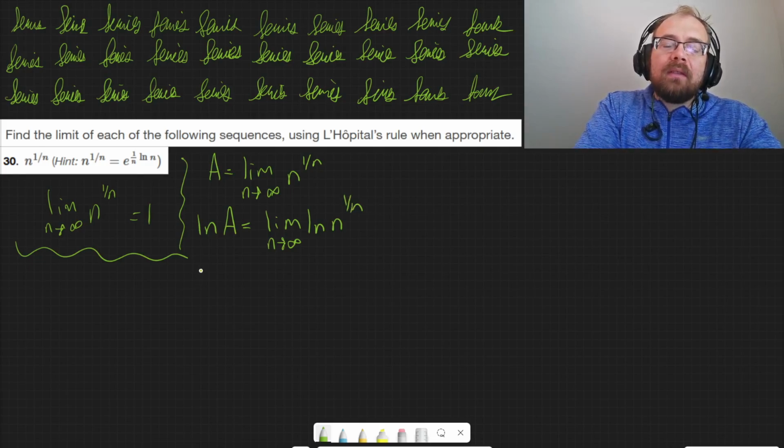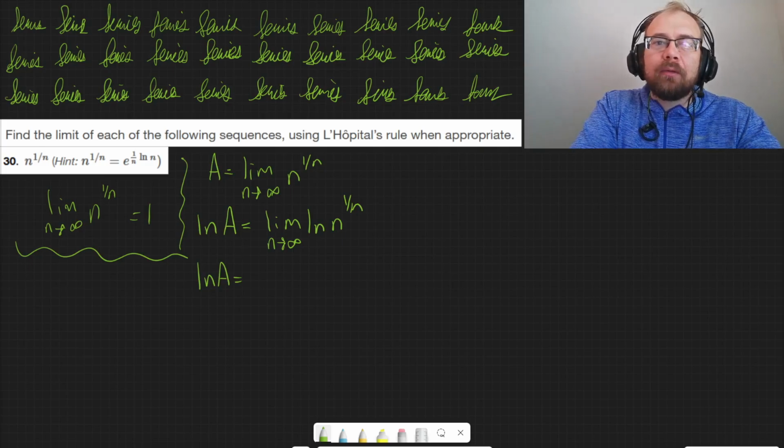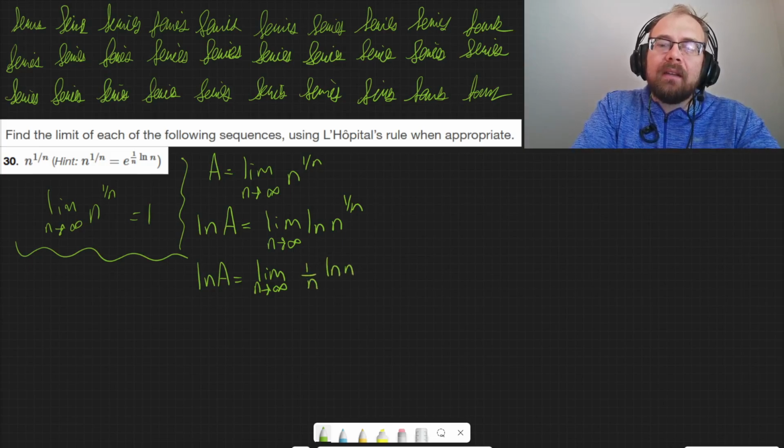The reason that's helpful is if you remember logarithmic differentiation from Calc 1, this is basically that, but for Calc 2, I guess. Although technically you could have done this in Calc 1. So it's the limit, and then we can take that 1 over n power out: 1 over n ln n.